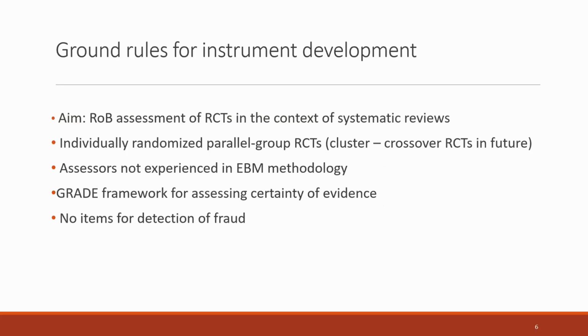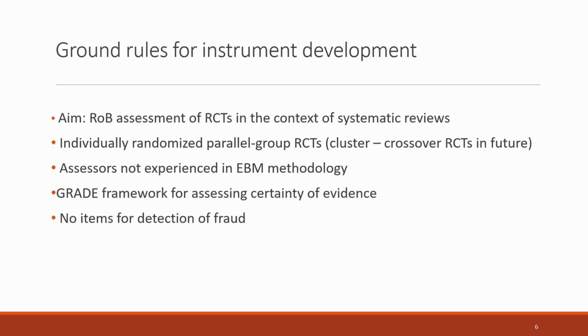The ground rules for instrument development that we set out were that the risk of bias assessment of RCTs is always in the context of systematic reviews. We only considered parallel randomized controlled trials. So ROBUST-RCT does not target cluster or crossover RCTs for now.